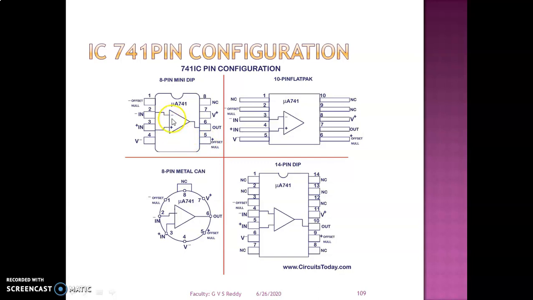So here the operational amplifier is represented within the 741 IC.